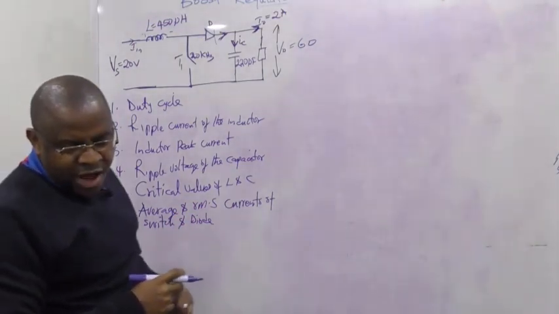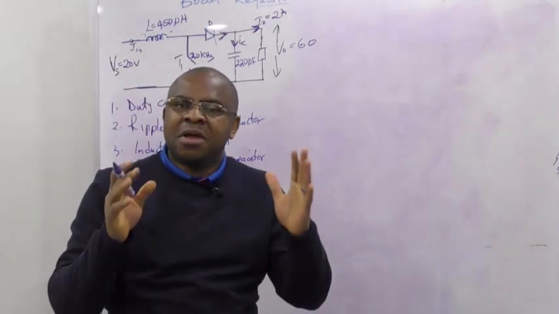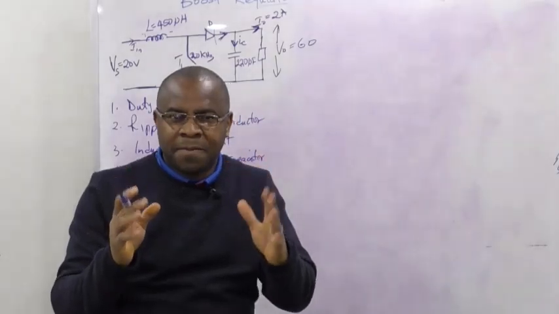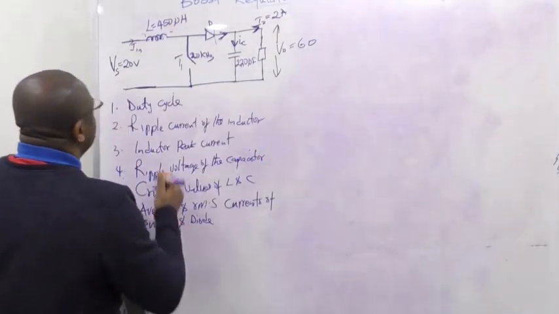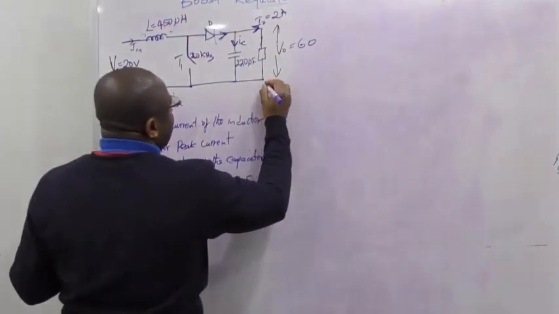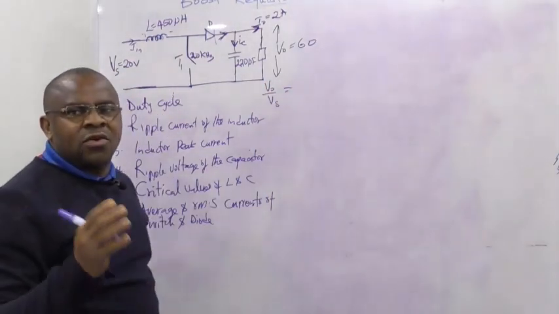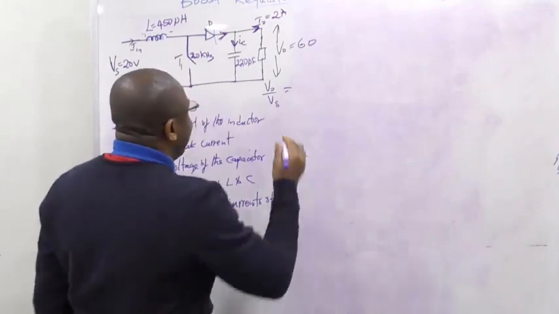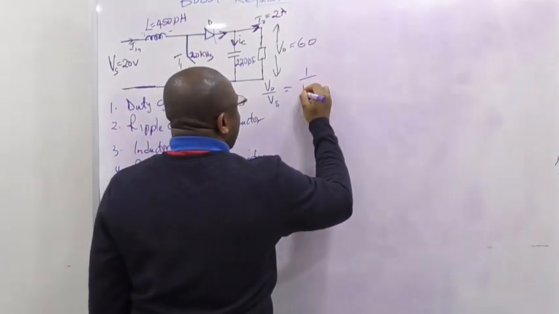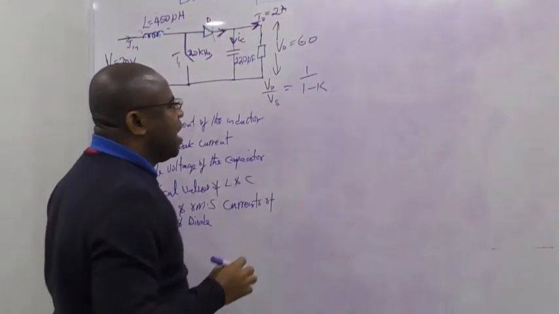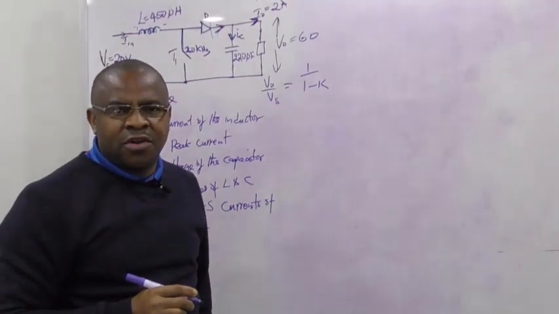Okay, so now with that, the first thing is, remember your duty cycle equation. We say that VO over VS is the same thing as 1 over 1 minus K. All right, so you just put in your values.